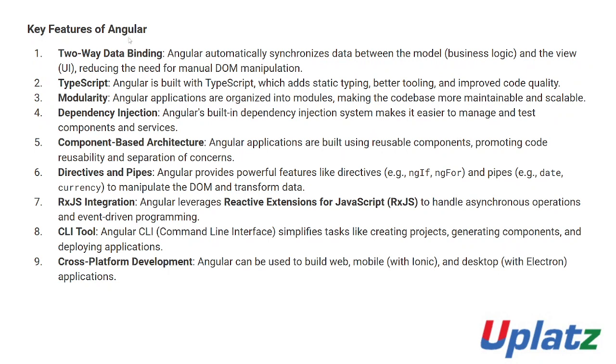Key features of Angular. Number one, two-way data binding. Angular automatically synchronizes data between the model, that is business logic, and the view, the UI. Suppose you change one variable, it will be depicted in your UI.